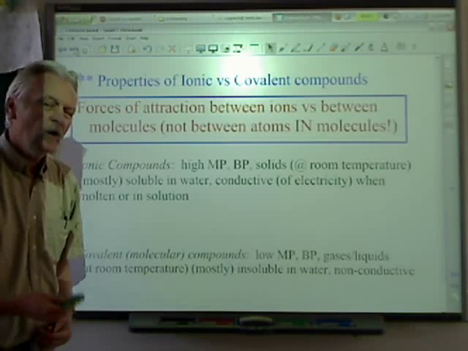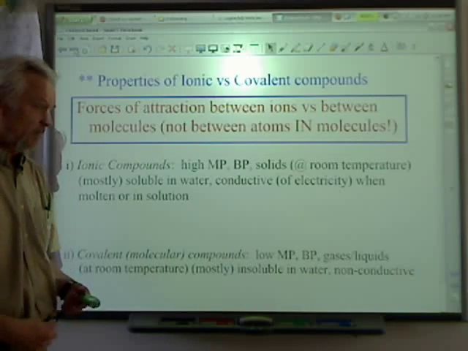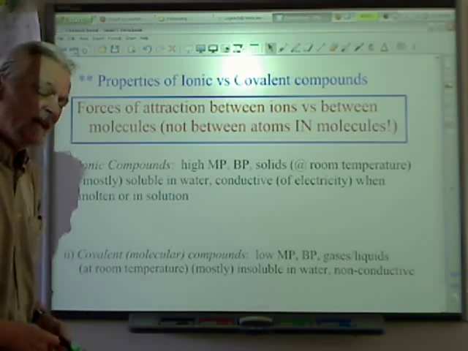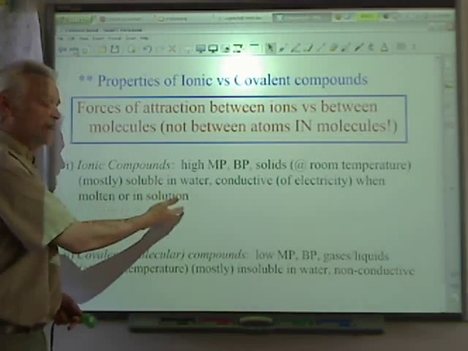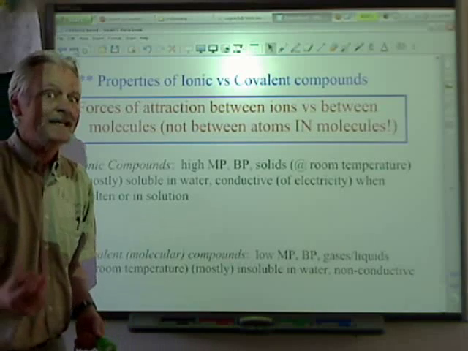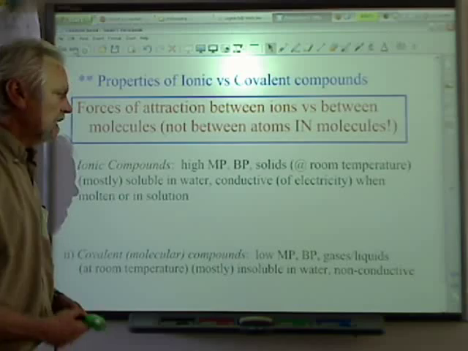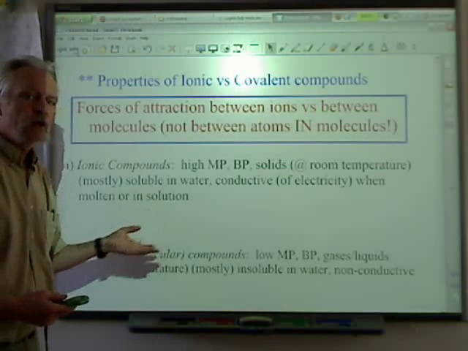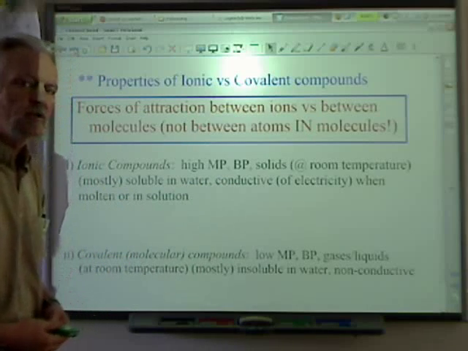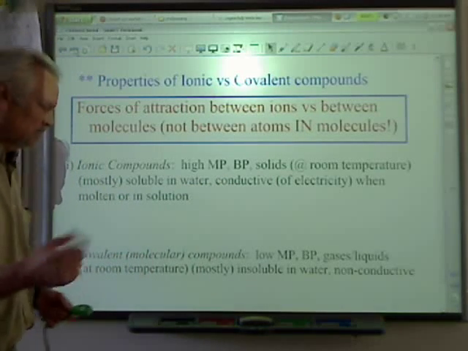They are all mostly soluble in water, a topic we'll take up in some detail later. And they are conductive of electricity when either they are molten or when they are in solution with water. Again, a very important intensive property to be conductive of electricity, and this allows current to be carried by the ions in solution, and as a result, that conductivity makes sense.